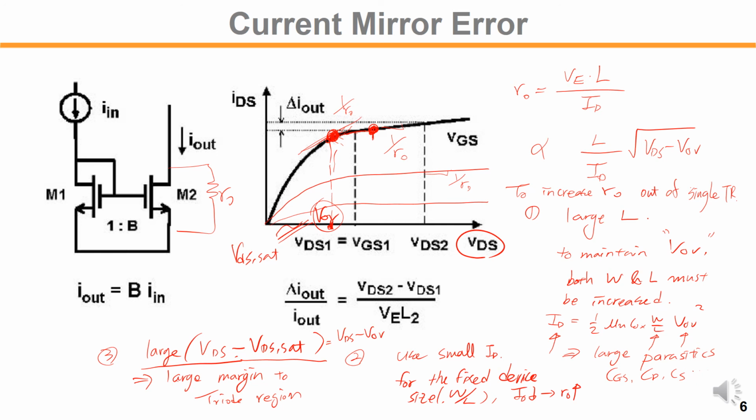We'll have a large VDS or VDS minus V overdrive, a large margin. This might be the right way, so far away from the triode region. Okay.